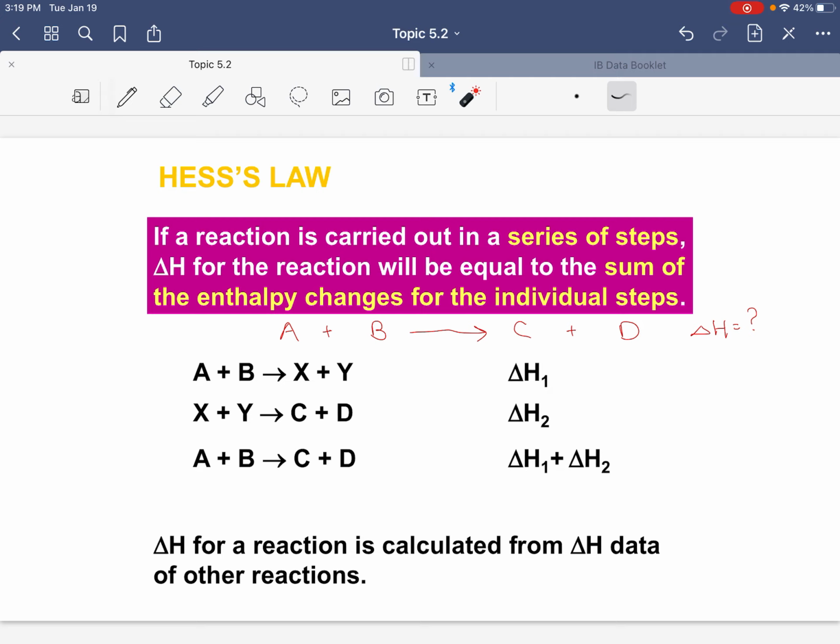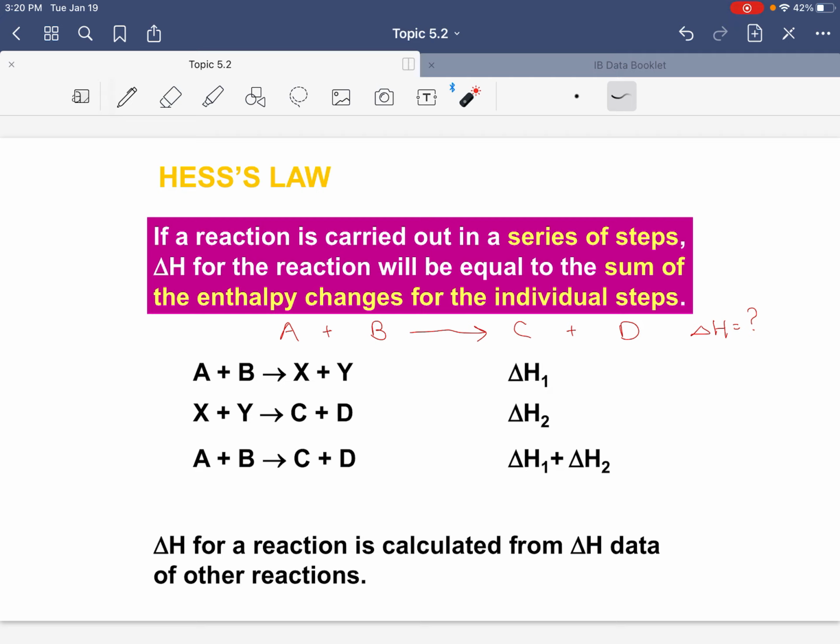So let's just say A plus B will react to give you X plus Y, and that has a certain delta H. Very soon after, X and Y will get together to give you that C plus D that you wanted. This reaction, which you can call step 2, has its own change in enthalpy.